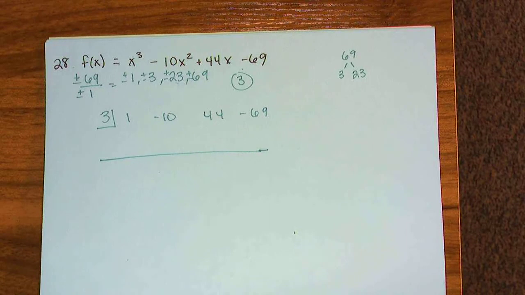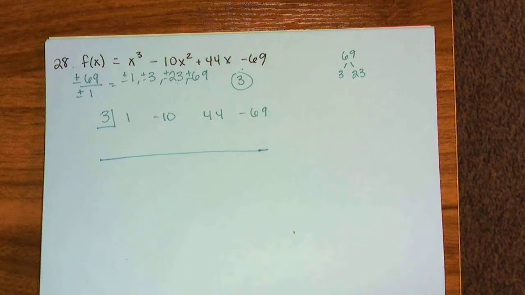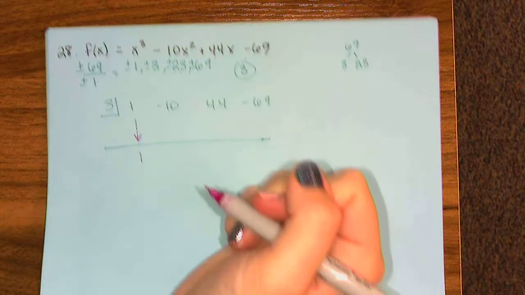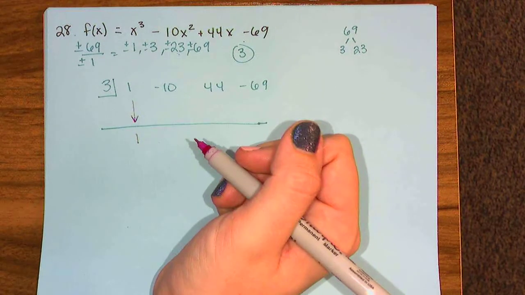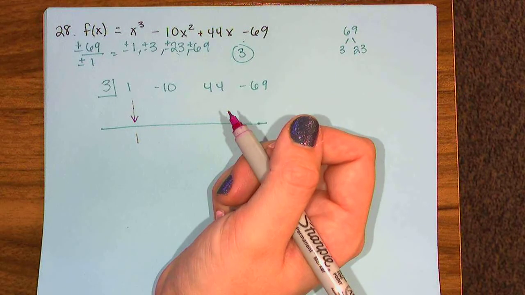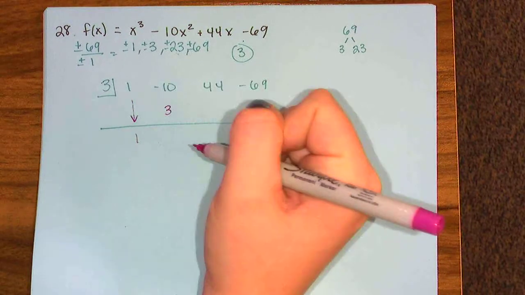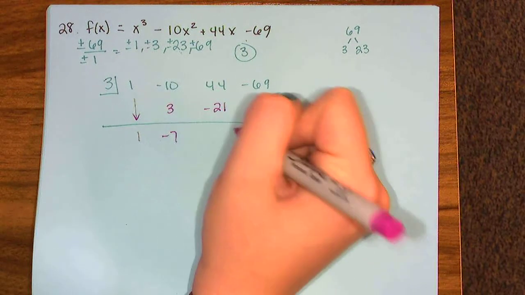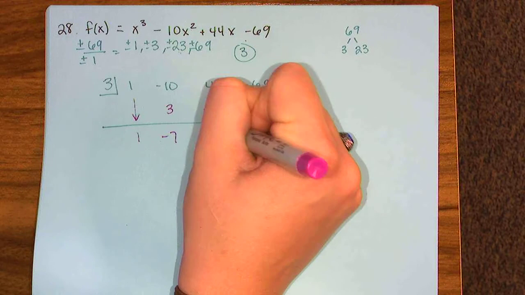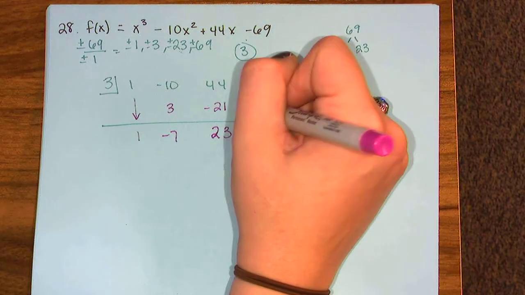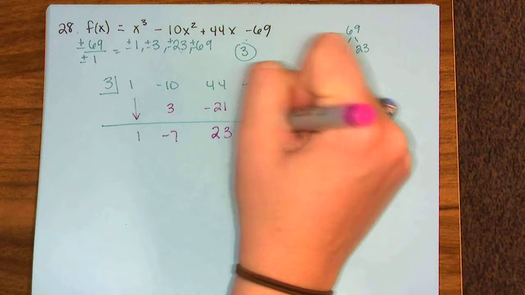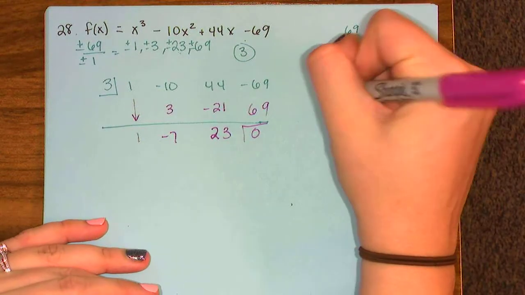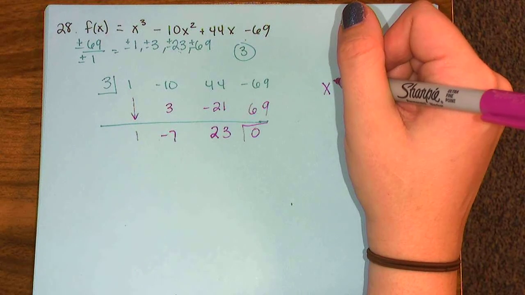And then how does my synthetic division work? Okay, so 3 is a zero, so we know that x minus 3 is going to be one of the factors.